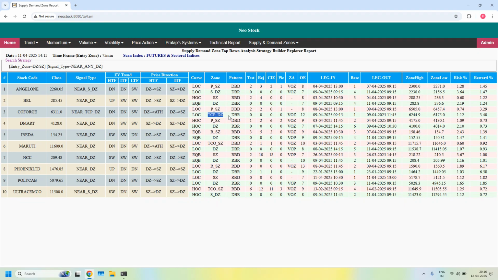Coforge is having one. UltraTech Cement is having one. So we have identified 3 75 minutes high liquidity demand zones from this list.